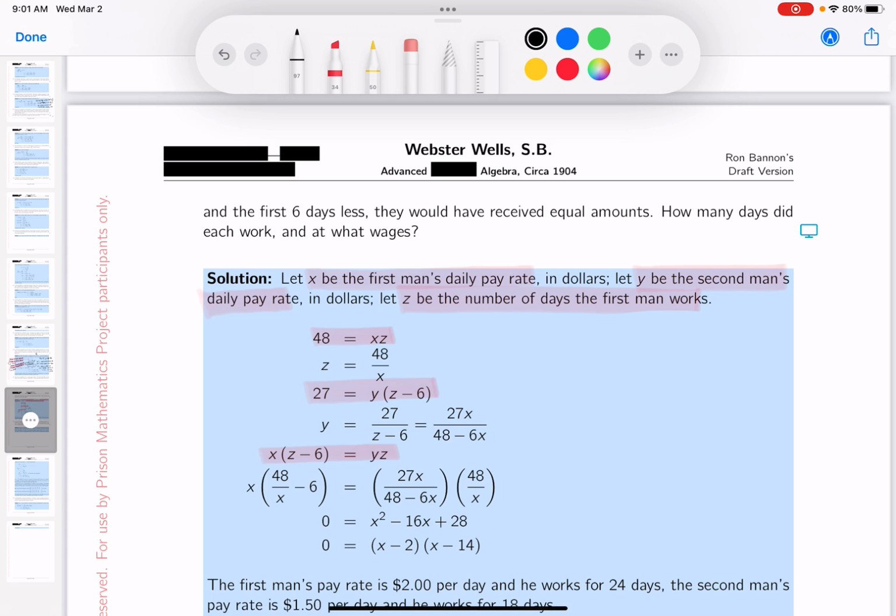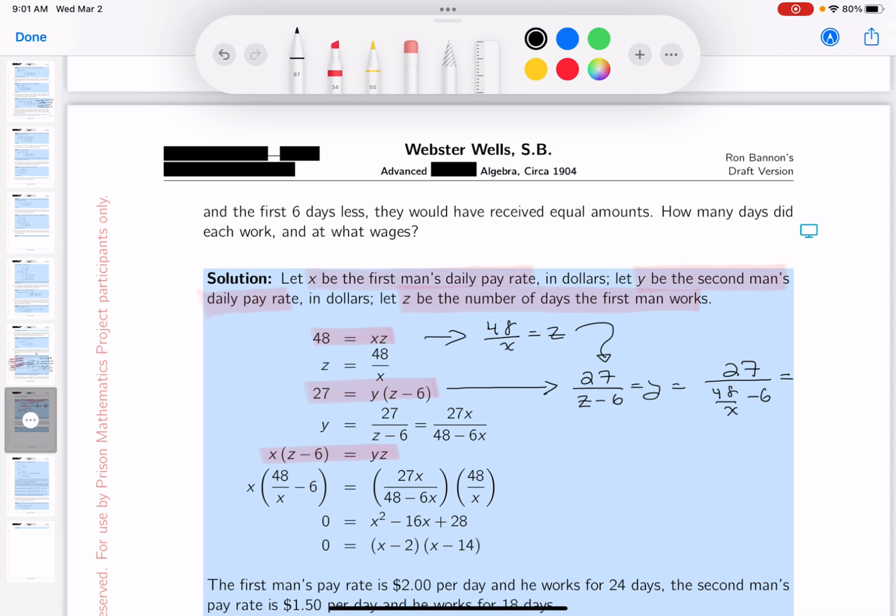I'm going to take this second equation and solve for Y. And you would get 27 over Z minus 6 would equal Y. I'm going to take this equation and solve for Z. And you would get 48 over X equals Z. I'm going to take this, pop it in there, and you're going to get 27 over 48 over X, this is Z, minus 6.